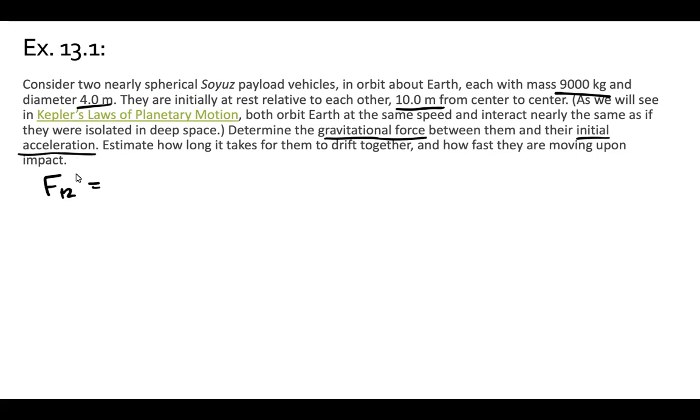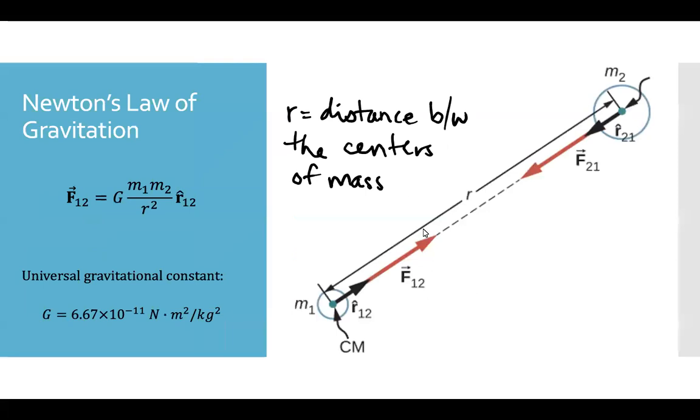Or I'm sorry, I forgot to explain that back here. So these different forces here, we have F12 and F21. Let me describe what those subscripts mean. F12 means that this is the force on mass 1 due to mass 2.